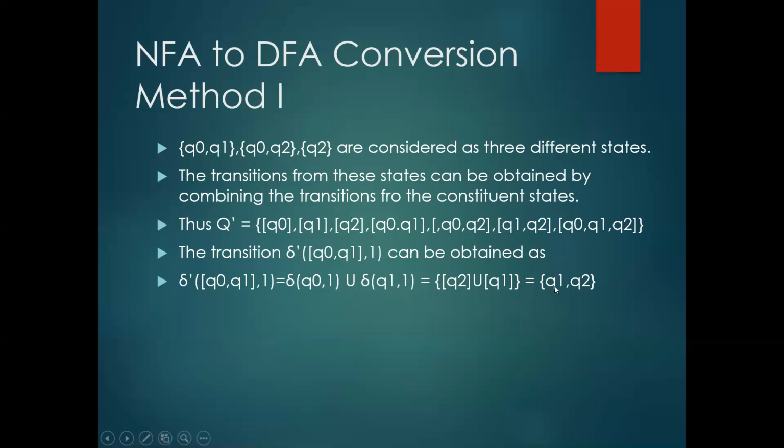And later this Q1, Q2, though it is one state in the DFA, you can label it with a single name, like a capital A. So instead of Q1, Q2, you can mark it as A. We will see this when we solve the problem, and things will be more clear.